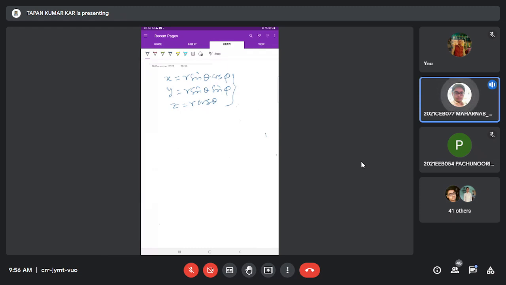Will it be a 2 cross 3 determinant? No, no, no. It is a 3 by 3 determinant. A determinant can never be rectangular. It is always square.